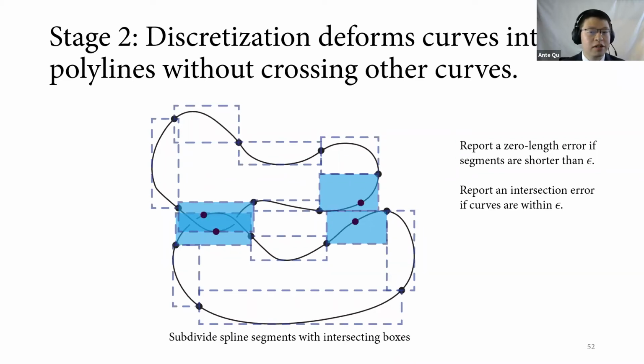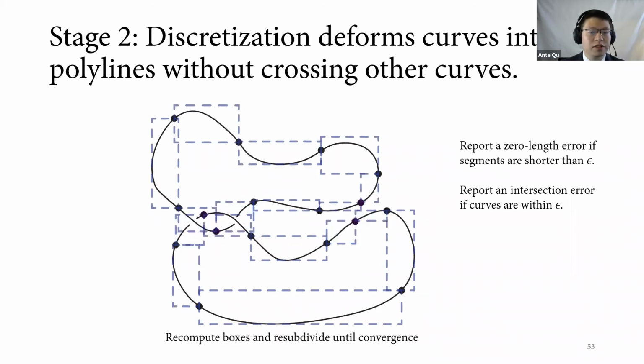For any boxes that overlap with those of other curves, we simply subdivide their segments into 2, and then we repeat this procedure until no more boxes overlap. This procedure terminates quickly if the curves do not intersect. And if the boxes shrink to machine epsilon in size, then we simply return with the error because that indicates that the curves are intersecting.